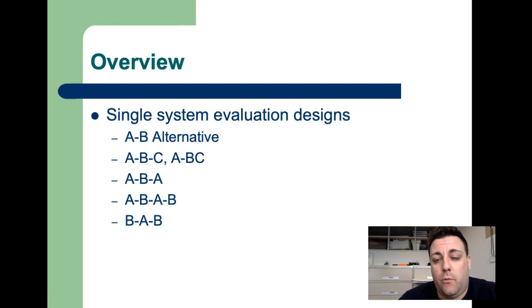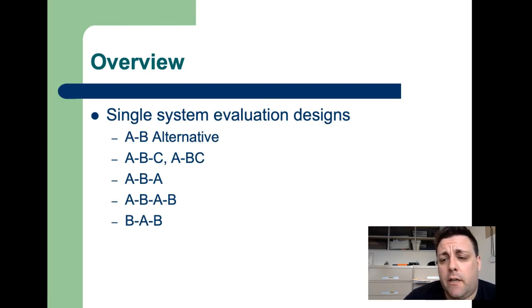So there's a way to think about this, and that's an A, then B, then C design, which would indicate that the C intervention has replaced the B intervention, so the B intervention has been discontinued.